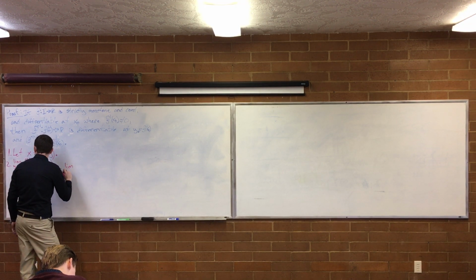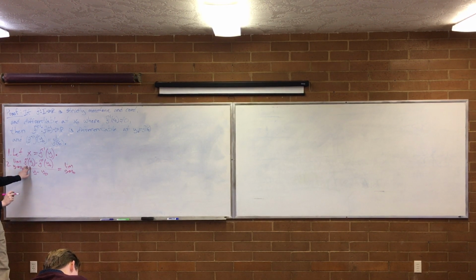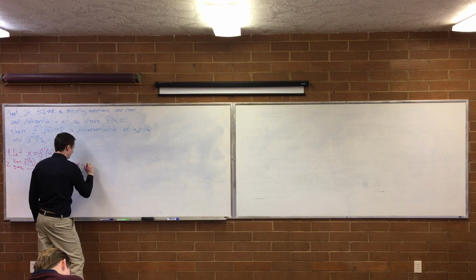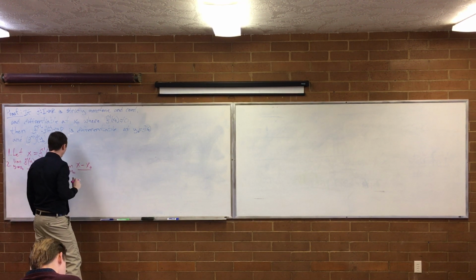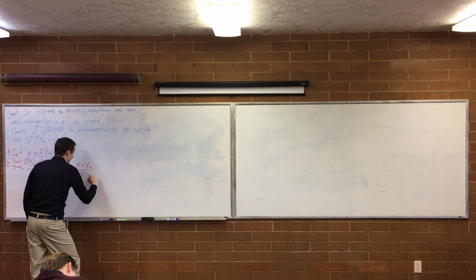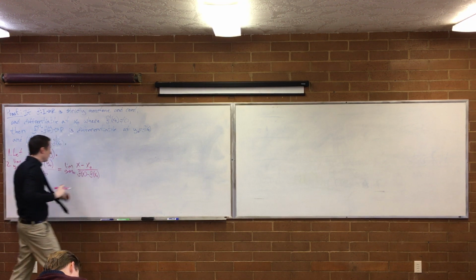So we're looking at the limit as y approaches y naught of f inverse of y, which is just x, minus x naught over f of x minus f of x naught. Oh, that's tricky. With me? Yeah.